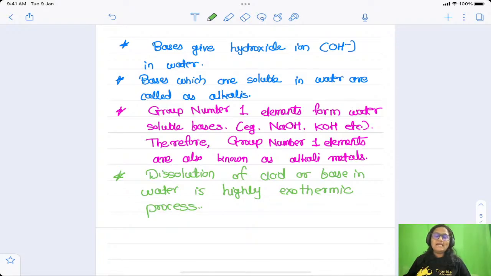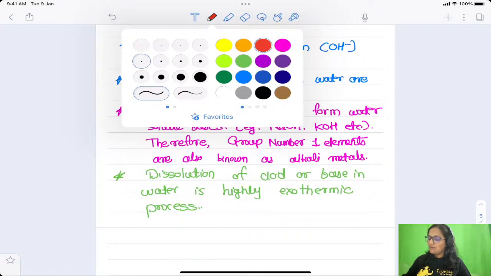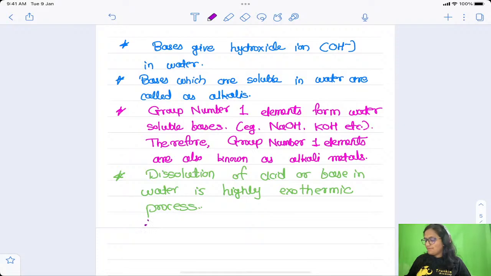Therefore, we should take extra care while preparing its aqueous solution. If we take acid in a beaker and add water to it, as the reaction is highly exothermic, there will be an explosion. Therefore always remember AA, that is add acid.